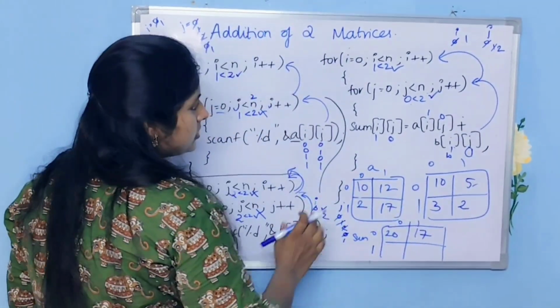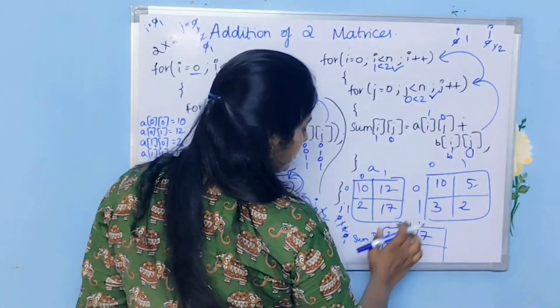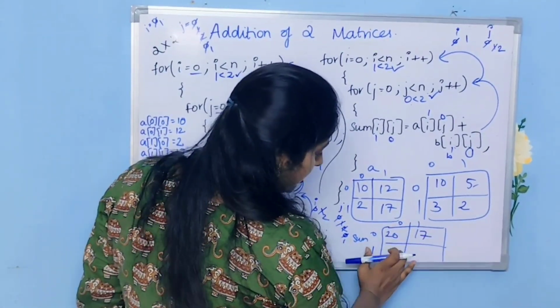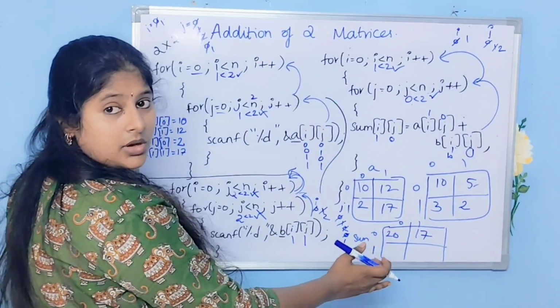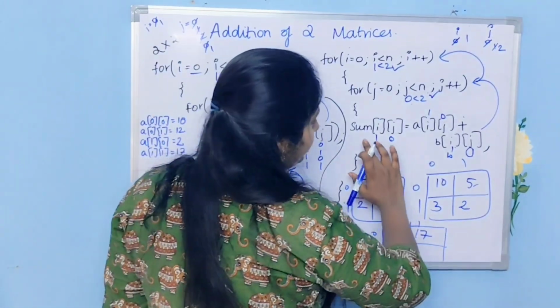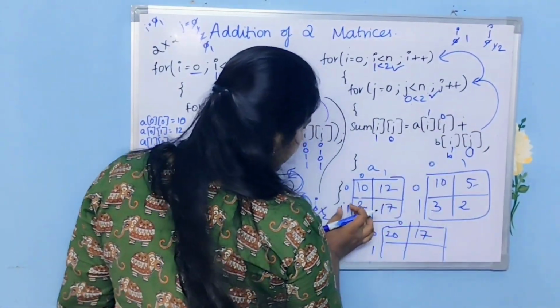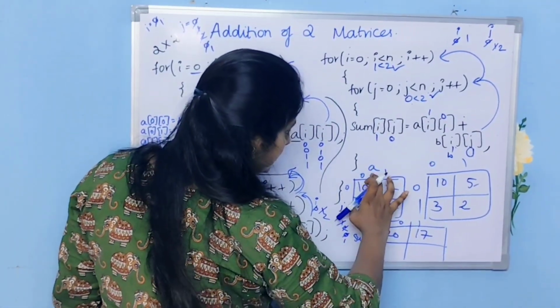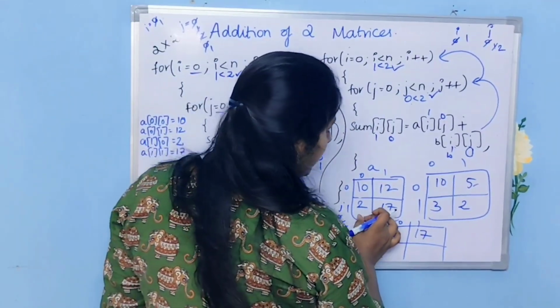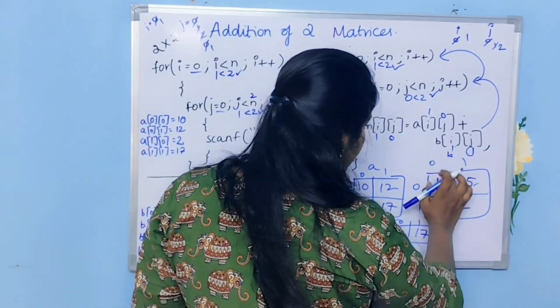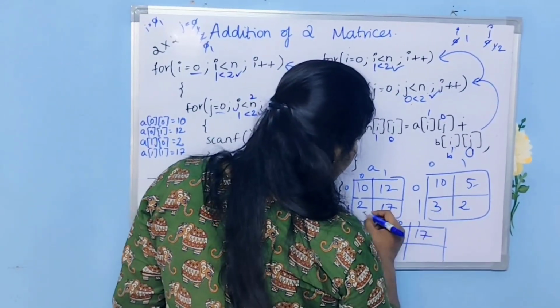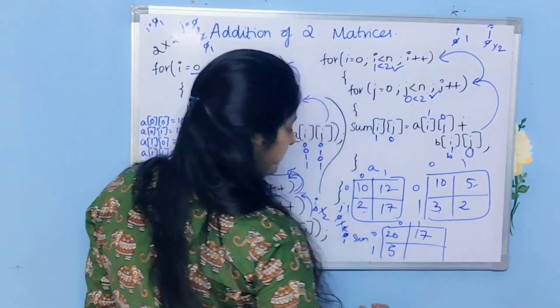Now where is sum of 1, 0? Sum of 1, 0 is here. Now I am trying to fill this cell. A of 1, 0 is 2. B of 1, 0 is 3. So what is 2 plus 3? It is 5.